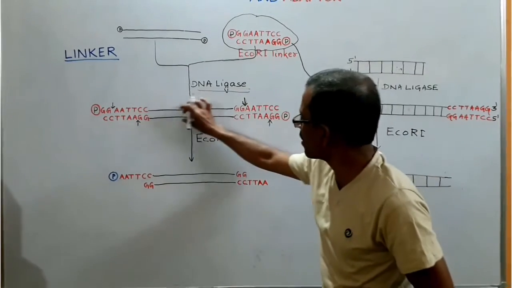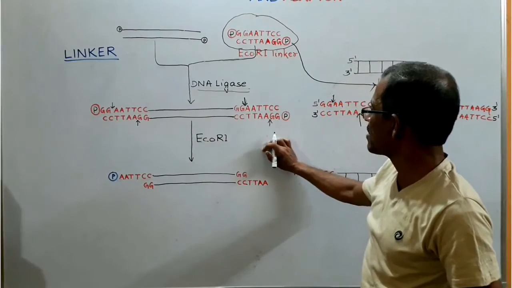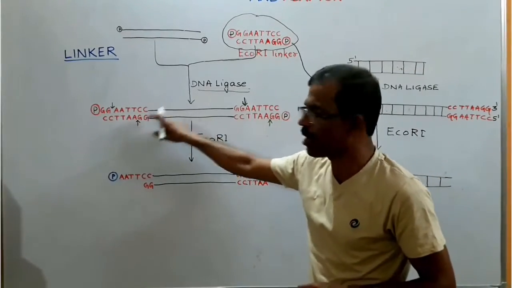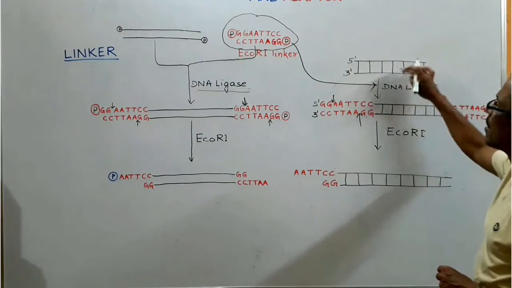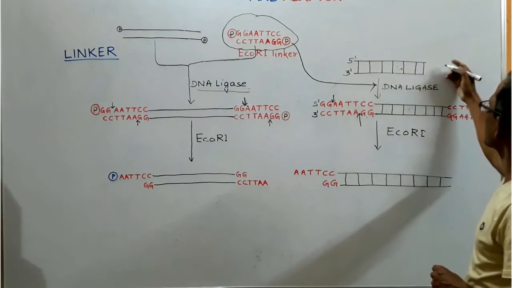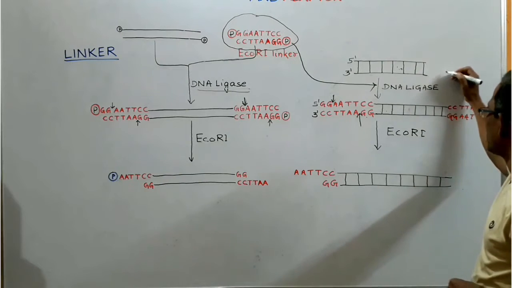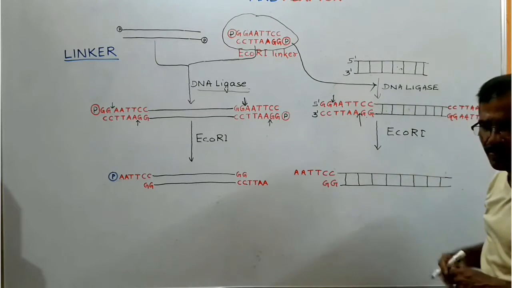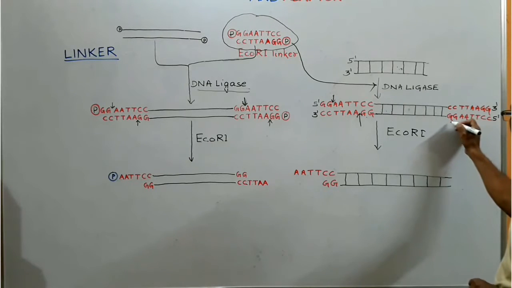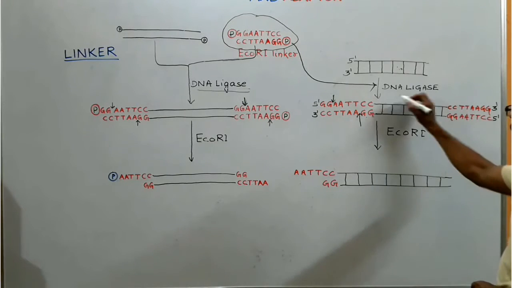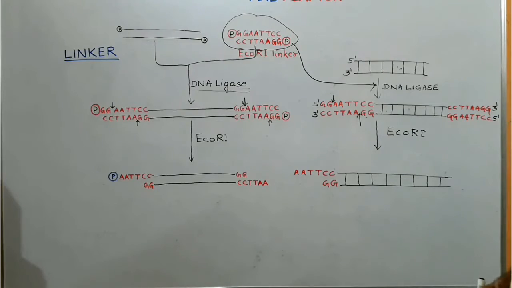So this double-stranded DNA fragment has the same linker on either side. Similarly, this is another DNA fragment. This DNA fragment is also double-stranded and the ends are blunt ends. This DNA fragment is also ligated with the EcoR1 linker by using the enzyme DNA ligase.